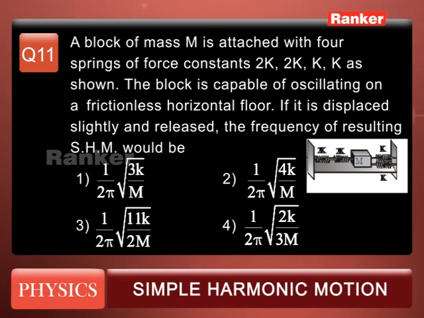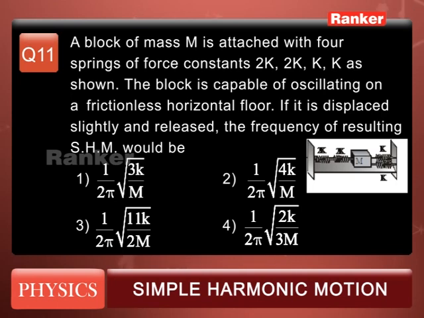If it is displaced slightly and released, the frequency of the resulting SHM would be: first option, 1 by 2 pi root over 3K by M. Second option, 1 by 2 pi root over 4K by M. Third option, 1 by 2 pi root over 11K by 2M. And the fourth option, 1 by 2 pi root over 2K by 3M.